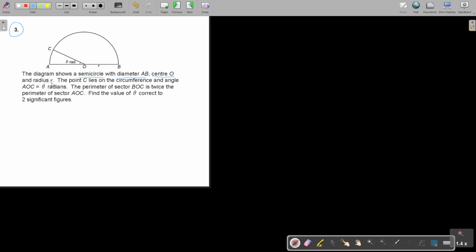The perimeter of the sector BOC, oh, this is very important, is twice the perimeter of the sector AOC. Find the value of theta correct to two significant figures.